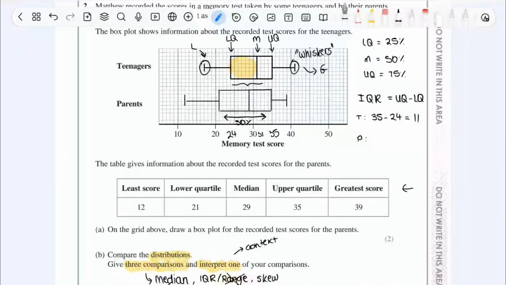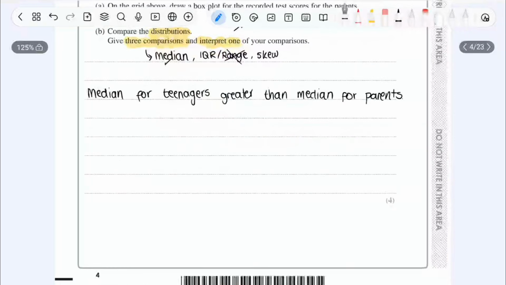For the parents, well, we just got our ones here. We can use our upper quartile of 35, and we can also use our lower quartile of 21. 14. So the IQR for parents is greater than the IQR for the teenagers by our calculations. We're going to also write that.